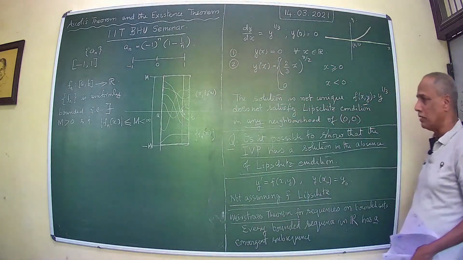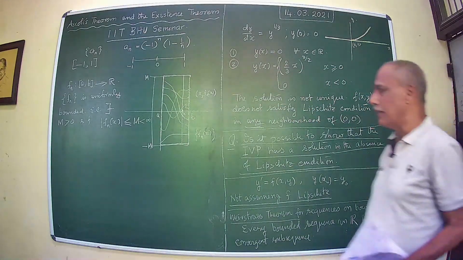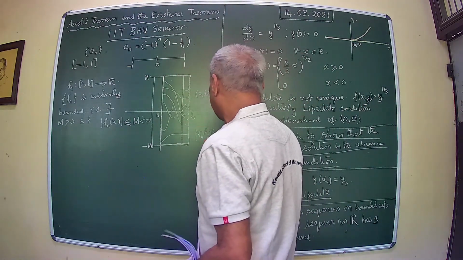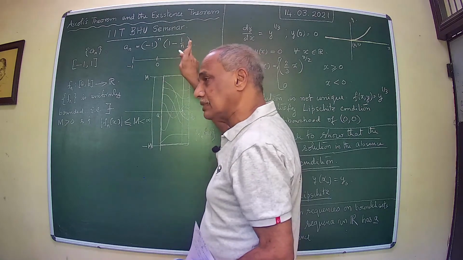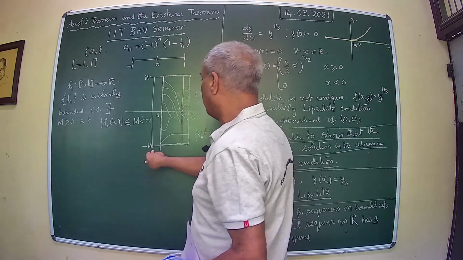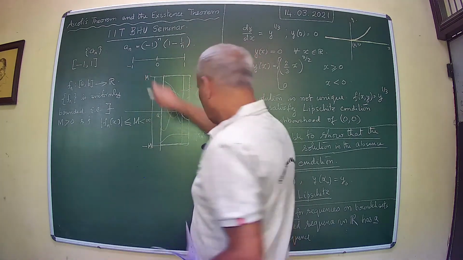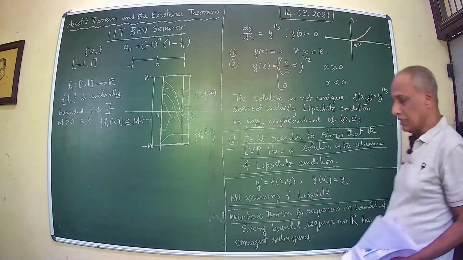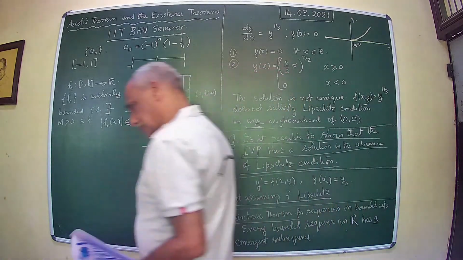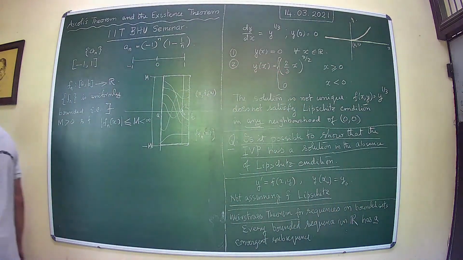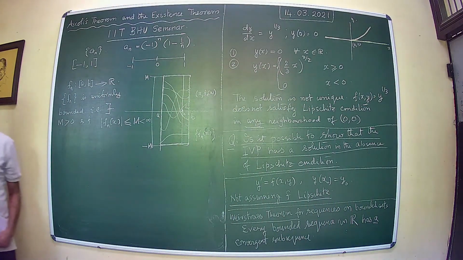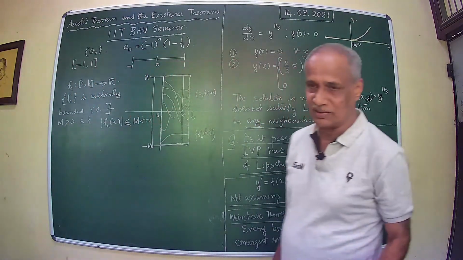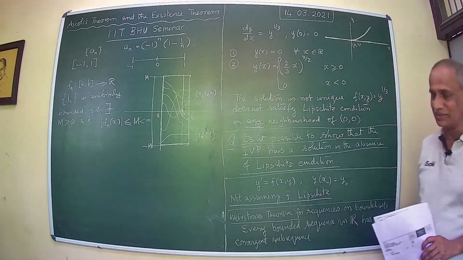This sequence is bounded between minus M and plus M. So you have an infinite sequence for a fixed x, an infinite sequence of points lying between minus M and plus M. You can apply Weierstrass theorem to conclude that there exists a subsequence or more than one subsequence which converges. This is the important point.